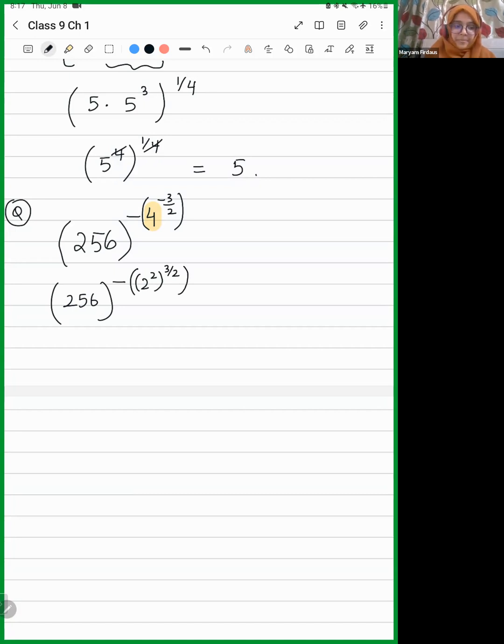Now we cancel the 2 and the 2. Then what do we have left? 256 raised to the power minus 2 cube.